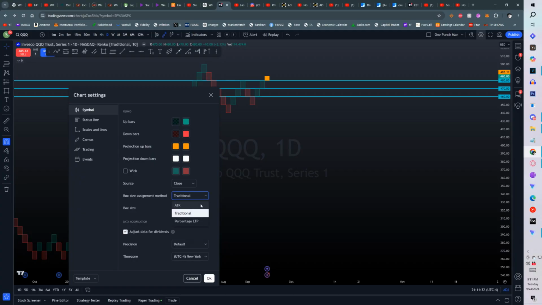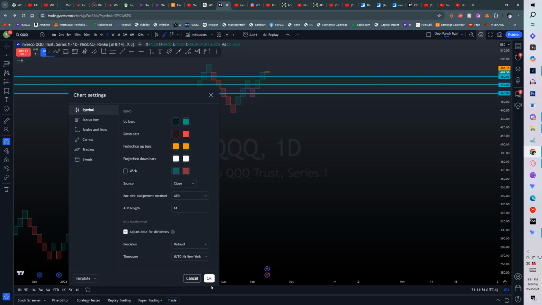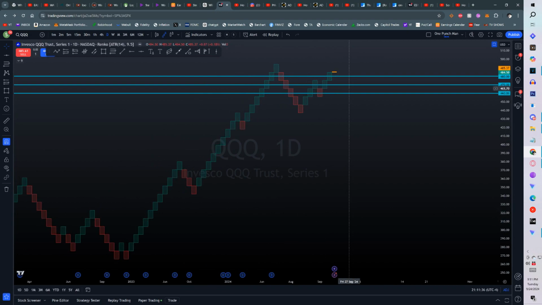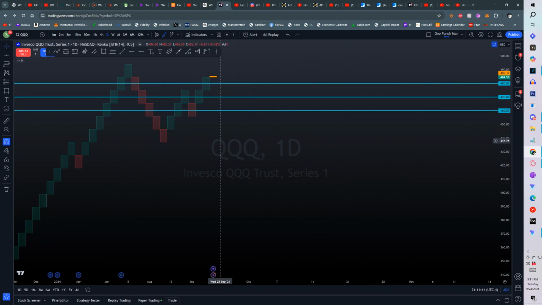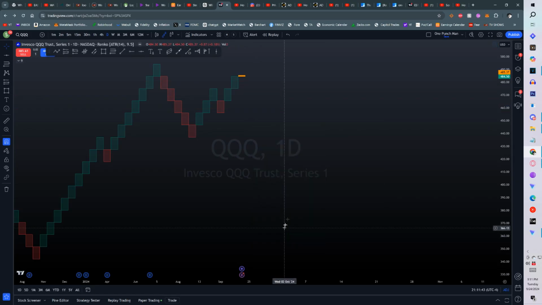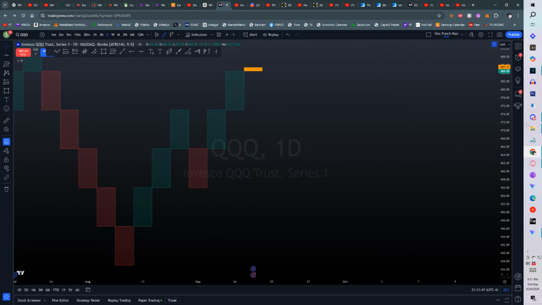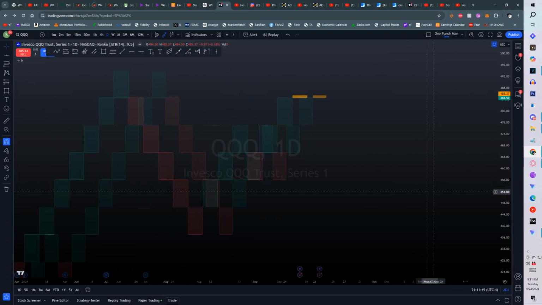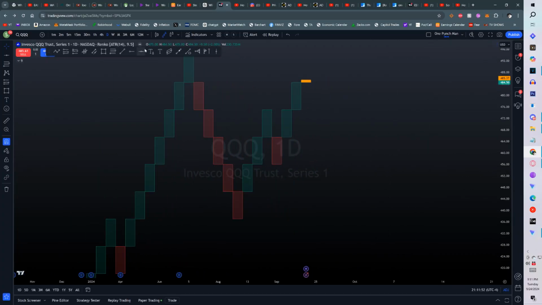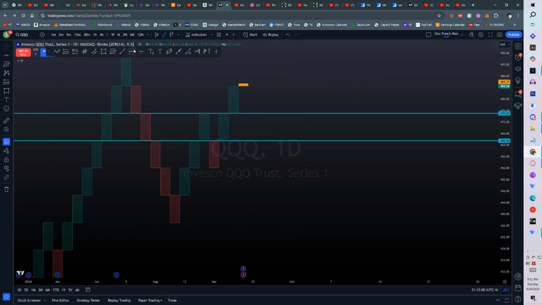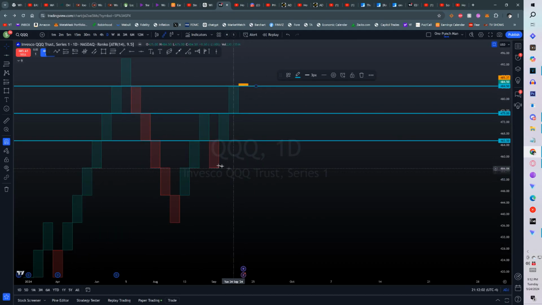And also, in both ATR and traditional, you see how it looks different now, because now we're using the average of the last 14 days, right? Now, each one of them takes a while to form, right? So I'll give you an example. In order for each one of them to form, well, let's say this was red, right?